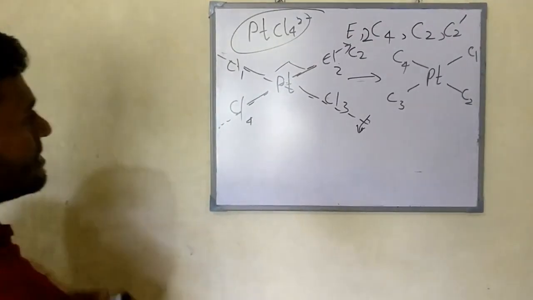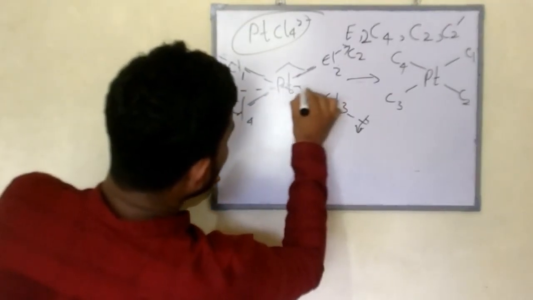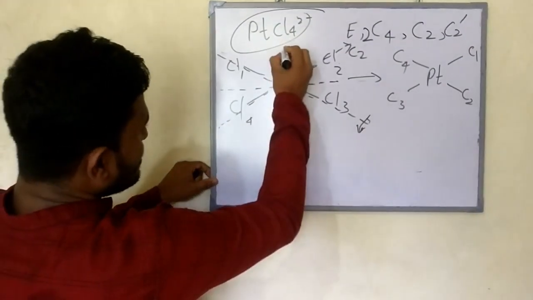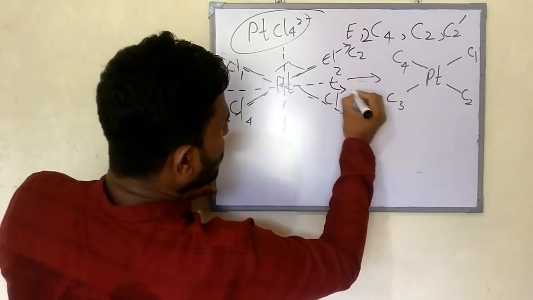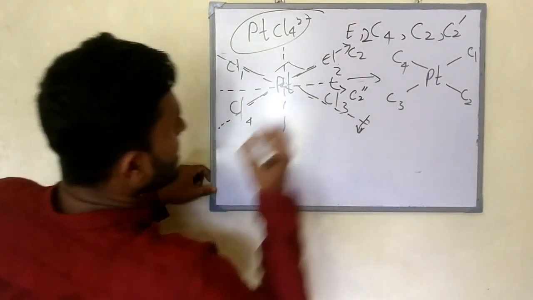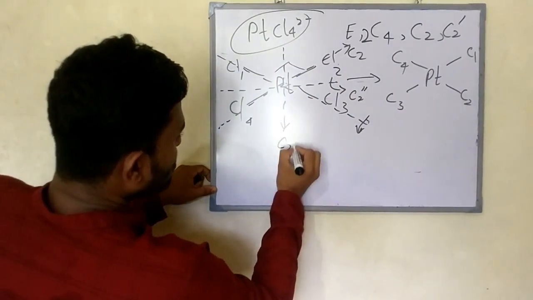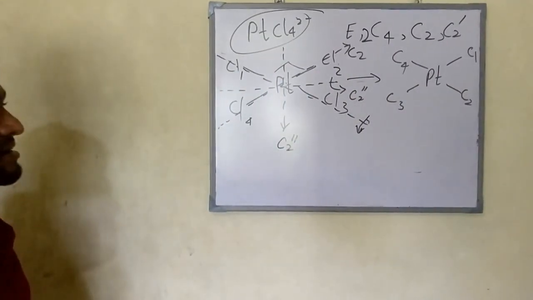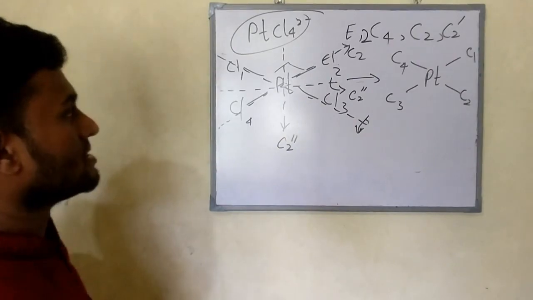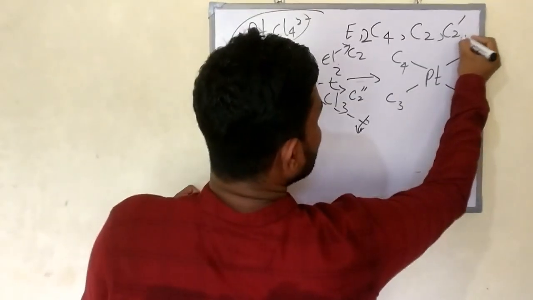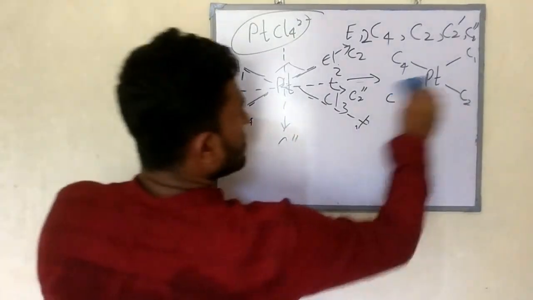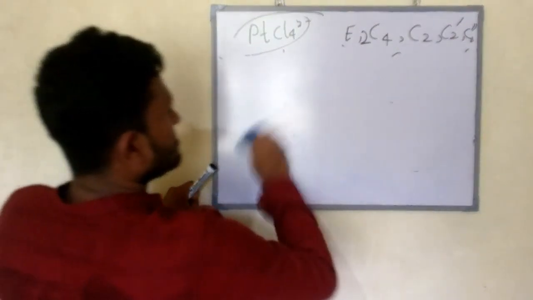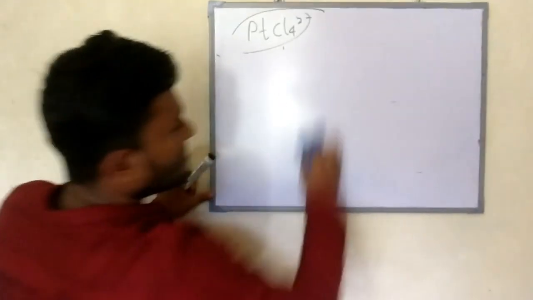At the same time, if you take this axis, these are other C2 axes. So this is called C2 double dash. This is also C2 double dash. Different type of C2. So you can write C2 double dash also. So let's write clearly.